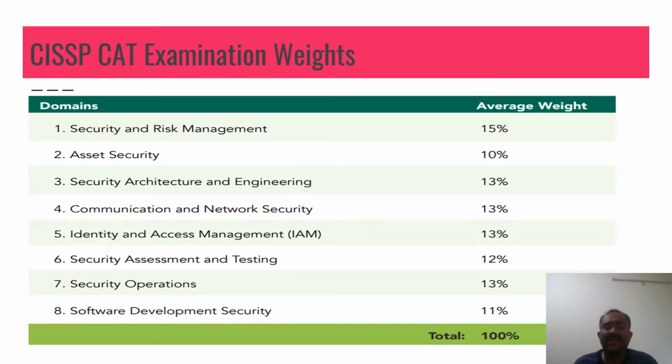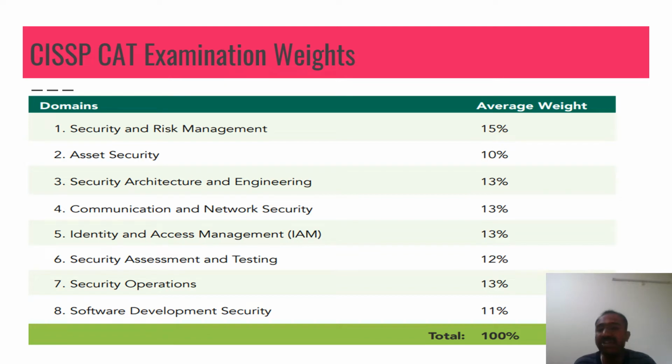So we already discussed the 8 domains of cybersecurity. Each domain is weighted with a different percentage. The first domain, security and risk management, is 15% of the total marks. So the weight of this first domain is 15%. Accordingly, the second domain, asset security, 10%. Third domain, the security architecture and engineering, 13%.